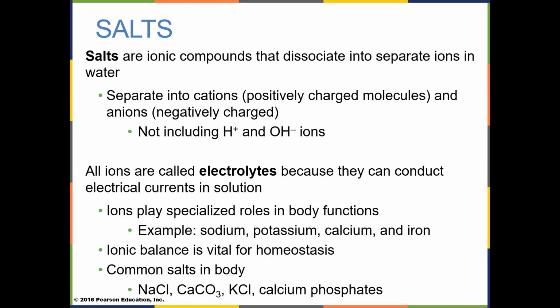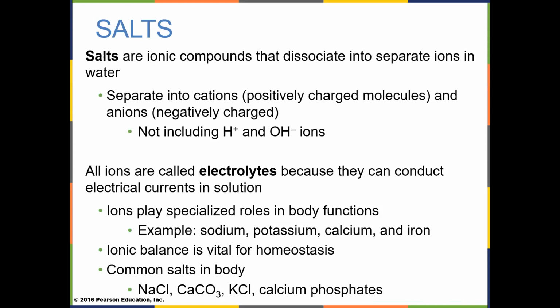These charges are maintained across the cell membrane thanks to the presence of these charged ions. For example, we have a high concentration of sodium outside the cells, and we have a high concentration of potassium inside the cells. Now, potassium is also a cation. Remember, a cation is a positively charged ion. We'll get into that later on.